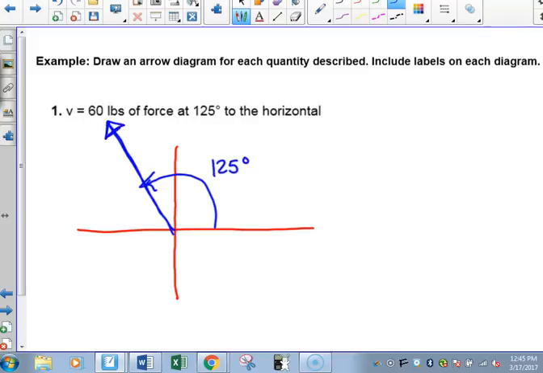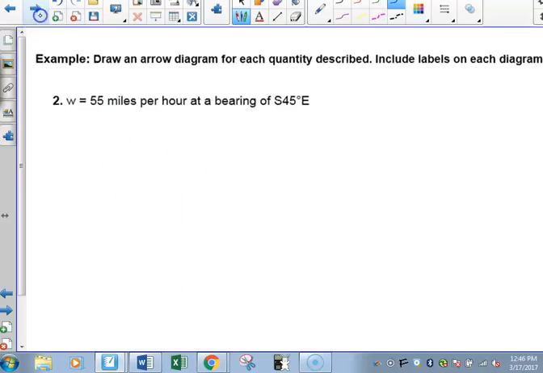And the vector is here. It's not that curvy thing, and it's not the x-axis. There's the vector, and along the vector, you can label 60 pounds of force. Just 60 pounds is fine. Easy peasy. Okay. Do a couple more off different things.